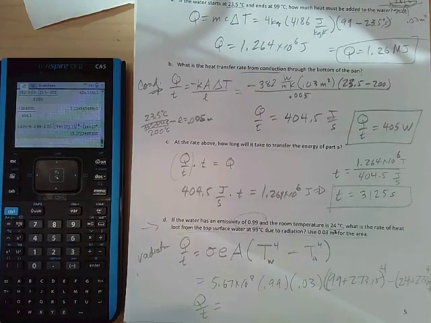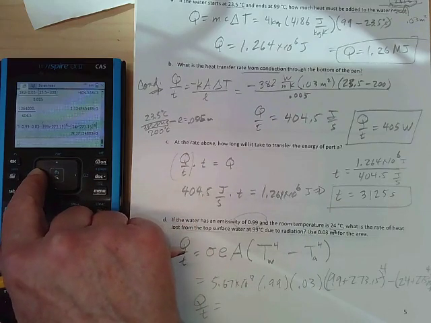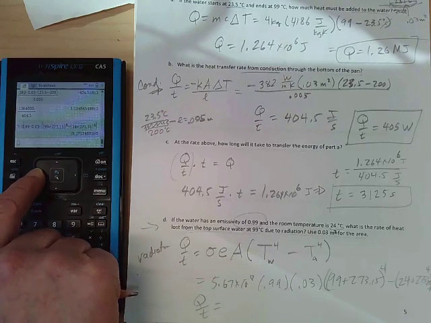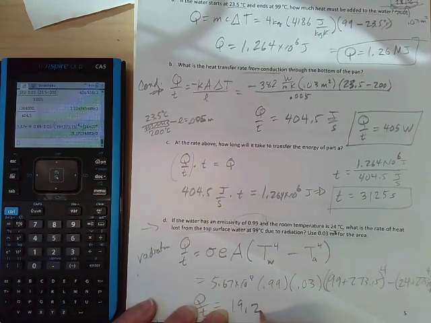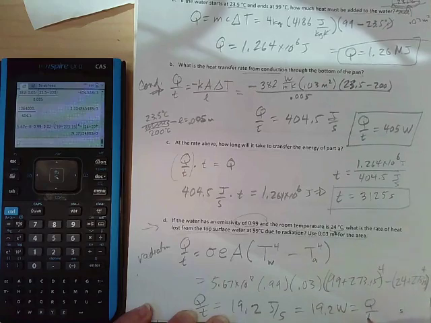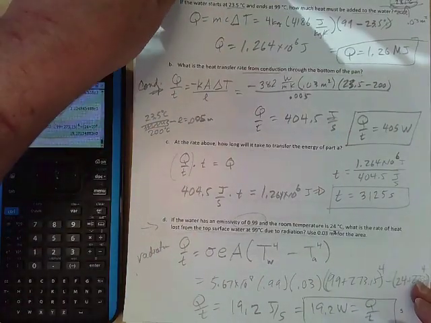See if it translated it right. I think that looks good. 19.2 joules per second, or 19.2 watts, Q over T. All right, that's what I got before. So we'll take it.